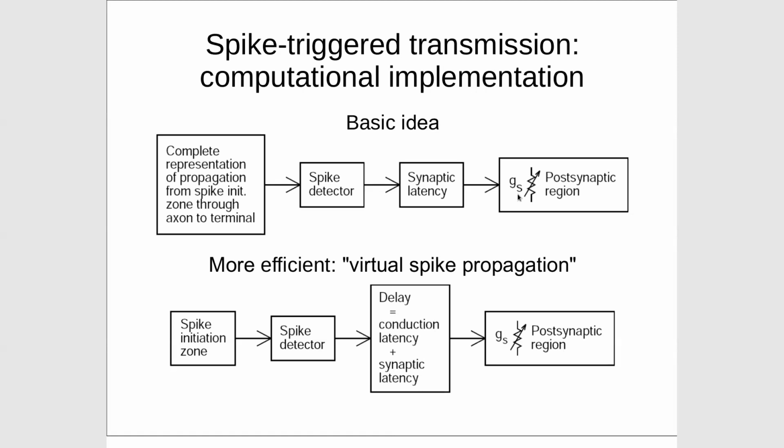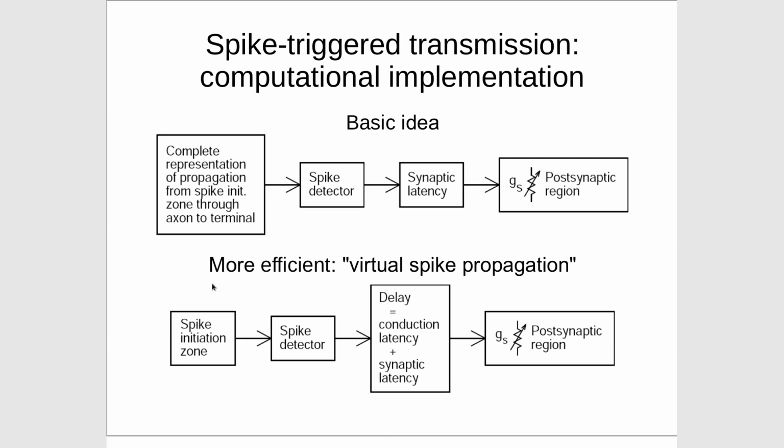Okay? Well, we immediately can make our task more computationally efficient by assuming that propagation along the axon is reliable and always has the same conduction delay. And if we do that, we end up with a simpler situation.